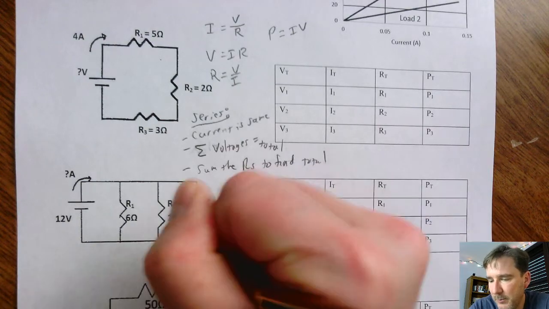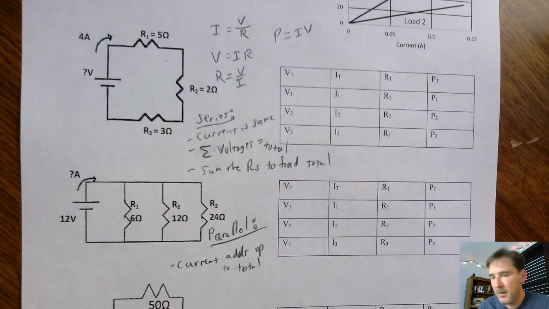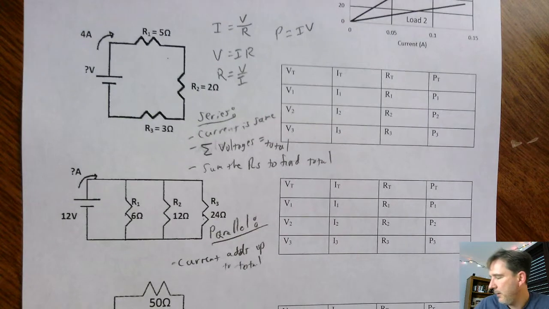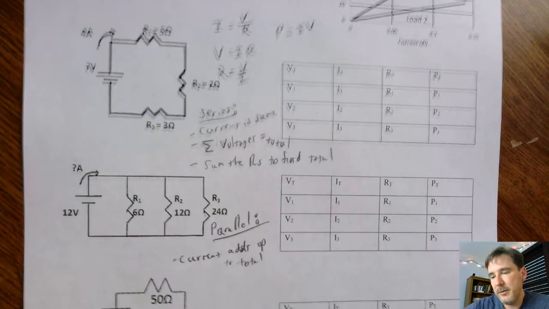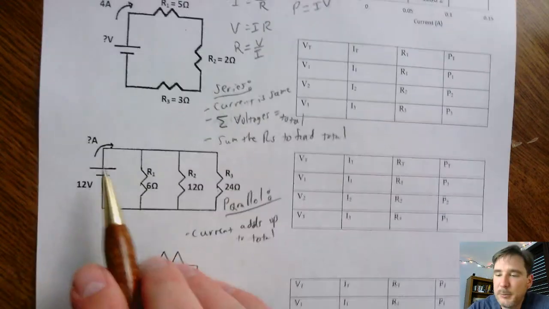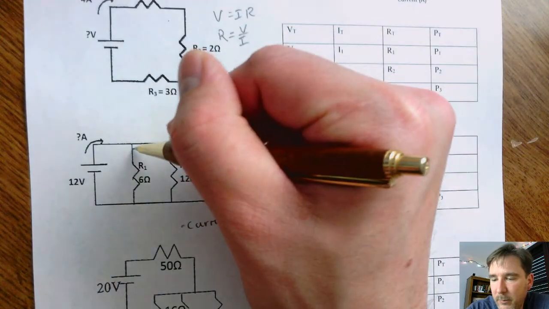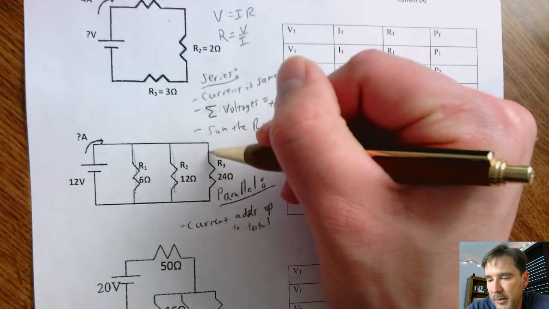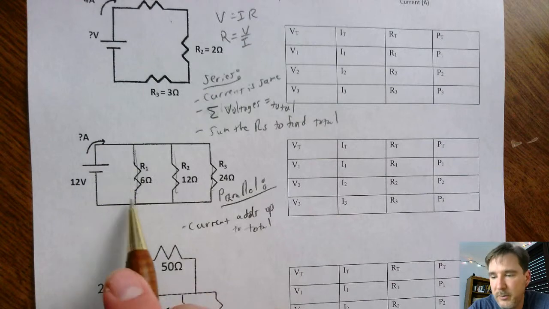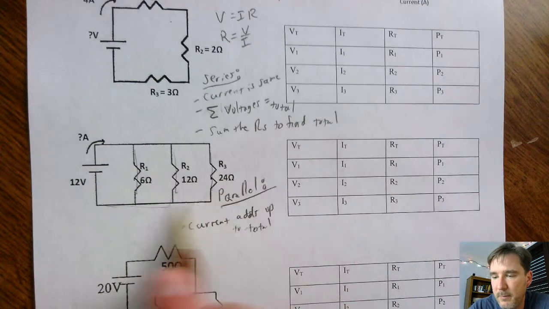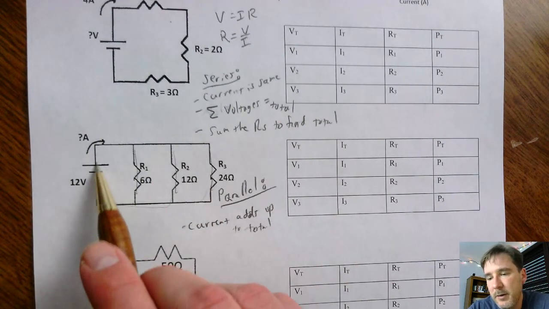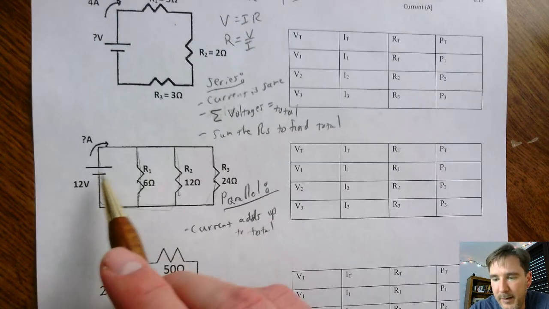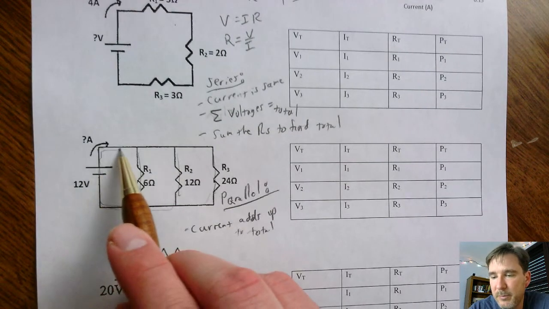I hate trying to summarize these, but basically, the current going through this branch, the current going through this branch, and the current going through this branch are all going to add up and go to the battery. Whatever current comes out of the battery is going to split up.